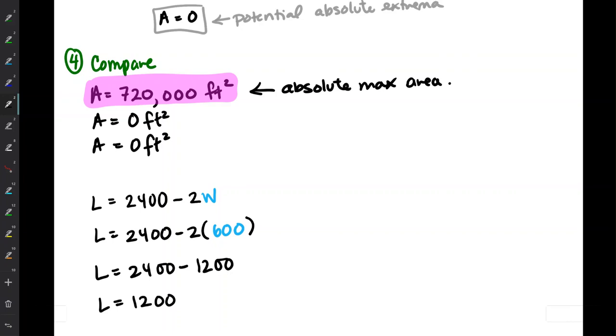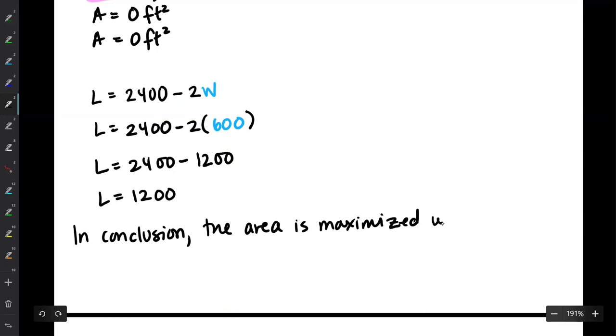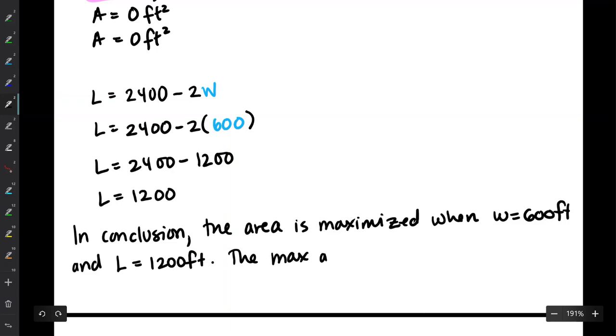Okay? So in conclusion, the area is maximized when your width is equal to 600 feet and the length is equal to 1,200 feet. The max area is those two multiplied together. Square feet.